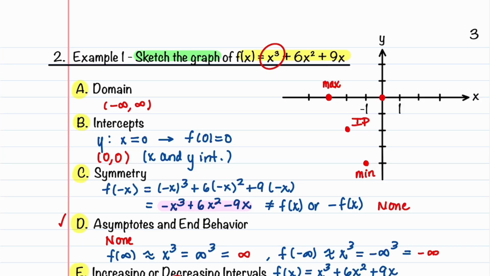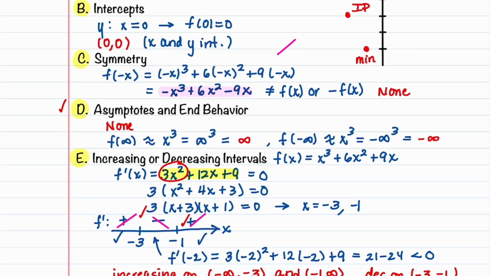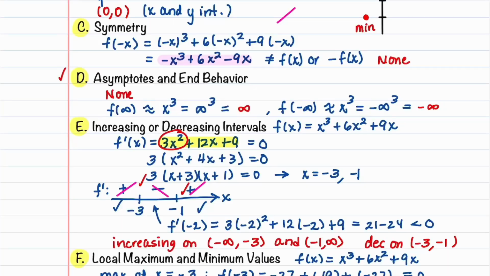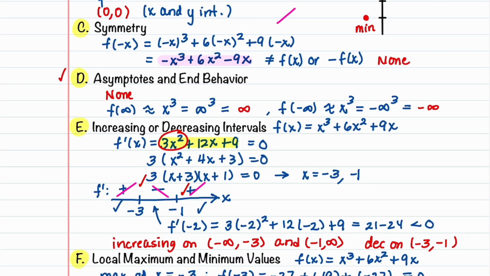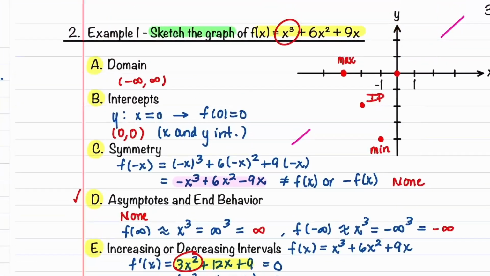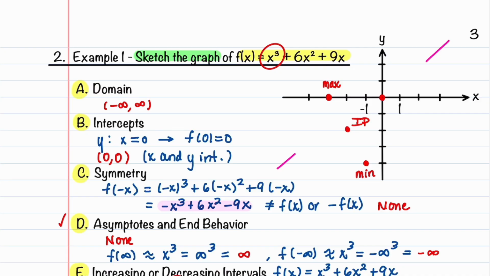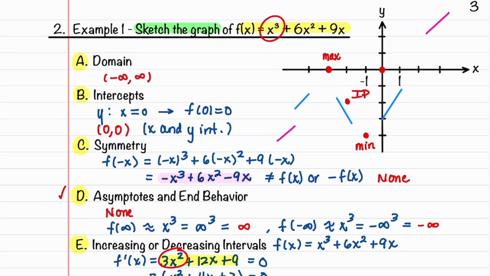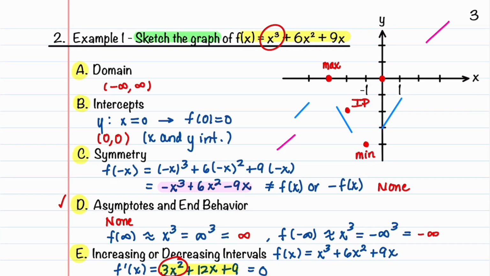One thing we can do is just put a little line here and a line here to know which way our graph is going. Then we found that it is increasing as we get to -3 and then decreasing, and then at -1 it starts increasing again. So it's going to be increasing and then decreasing and then increasing. So we can actually go ahead and graph our function.